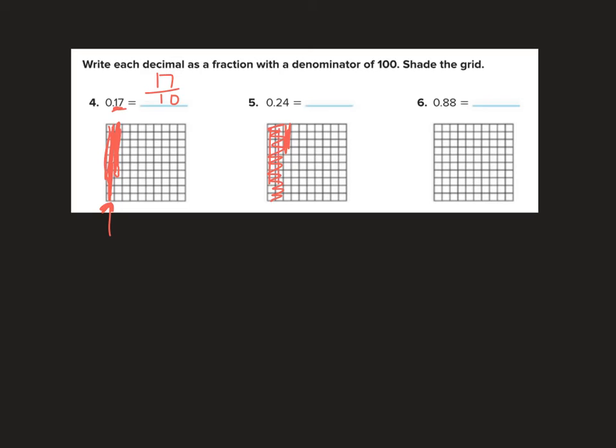So I have 2 ten sticks and 4 boxes. We should be reducing, simplifying, but it's not asking us to. Here I have 88: 10, 20, 30, 40, 50, 60, 70, 80. Ooh, we're almost all the way full. 80 and 8 left over on the next one. So 8 tenths, 8 hundredths, could be written as 88 hundredths.